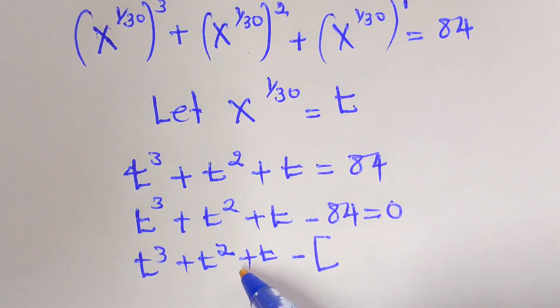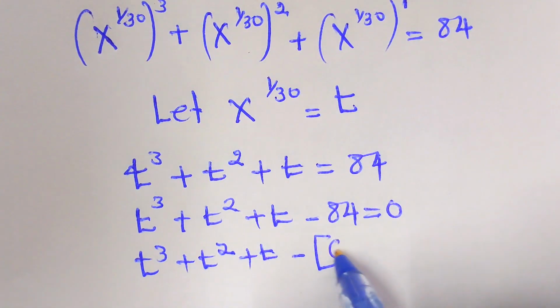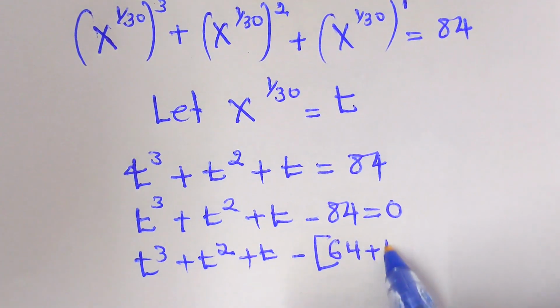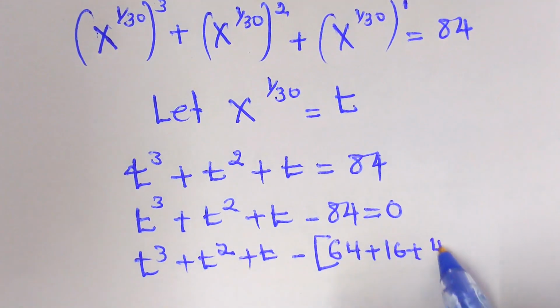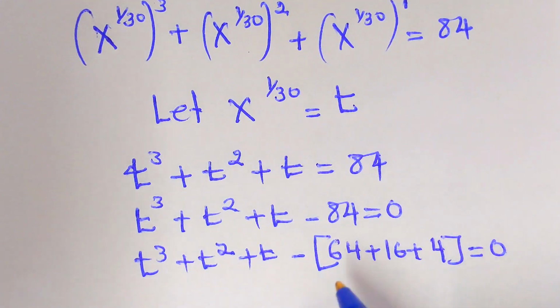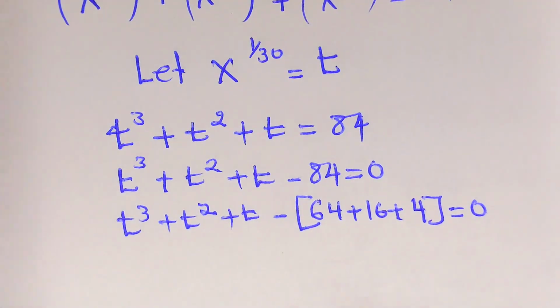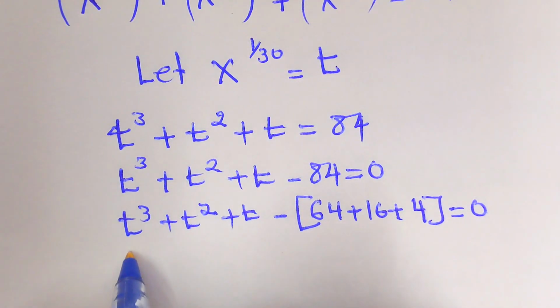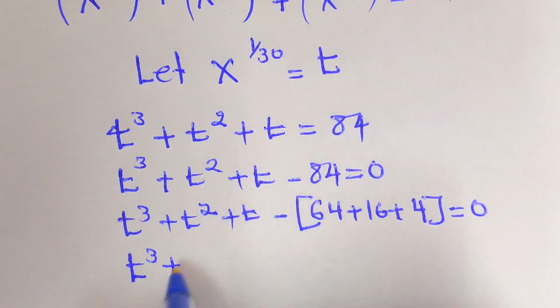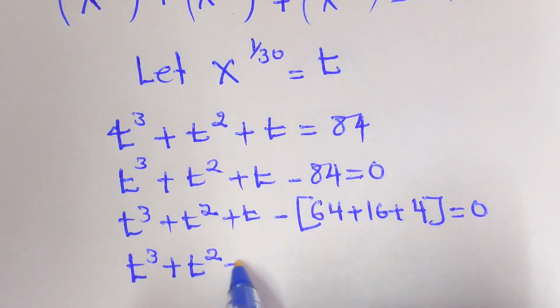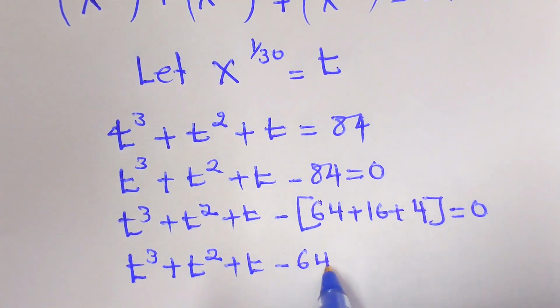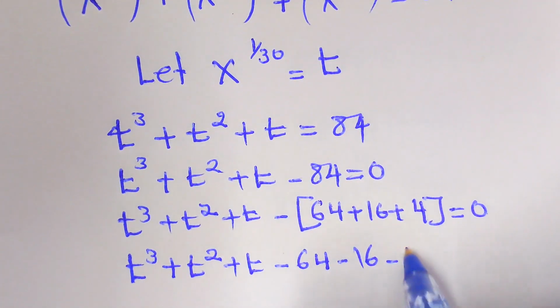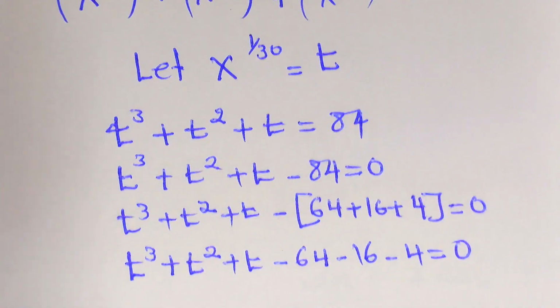We shall say 64 plus 16 plus 4 is equal to 84. Now each number we subtract gives t^3 + t^2 + t - 64 - 16 - 4 = 0.